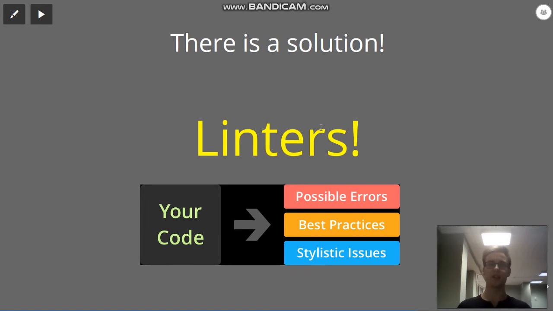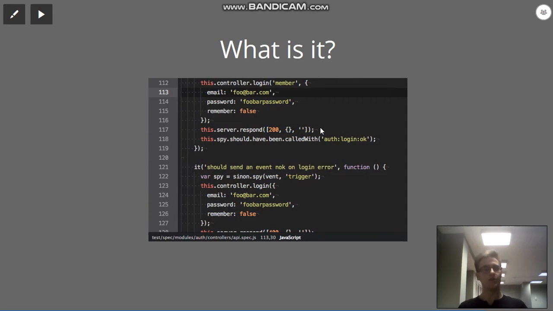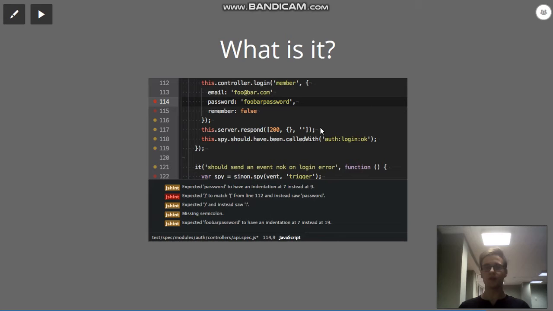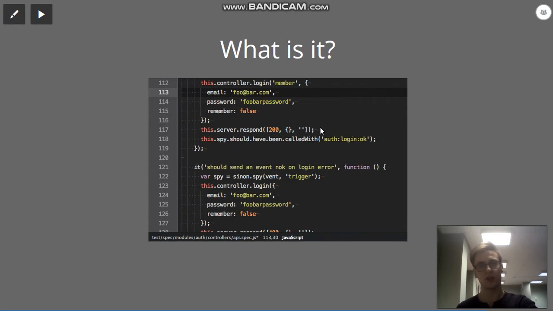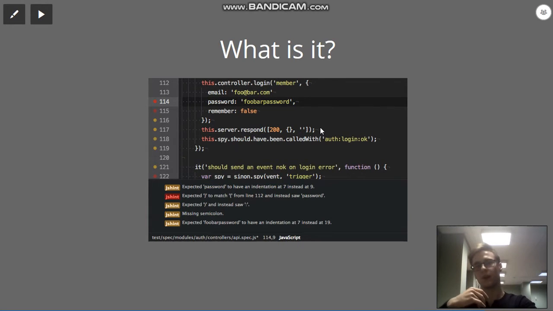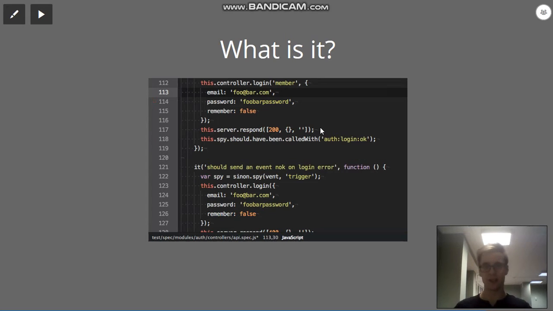A linter is a static analyzer of code. What does it mean? It means that it analyzes your code in real time and warns you if you make a mistake in a variable name, or if you have possible errors, or if you don't follow your style guide. And each programming language has its own linters.